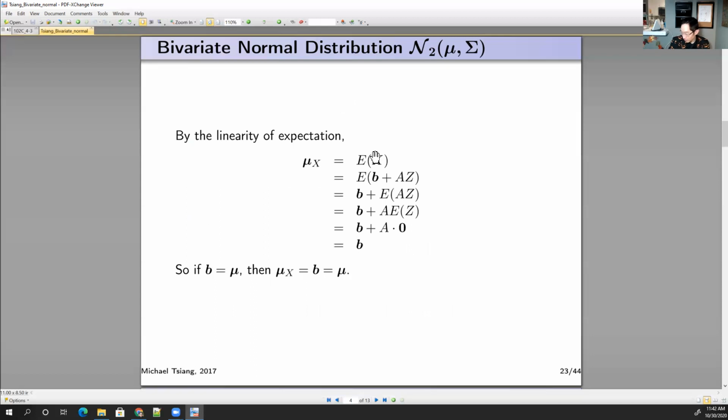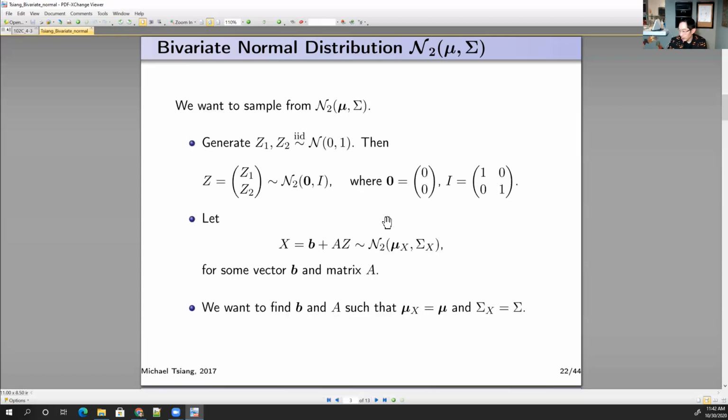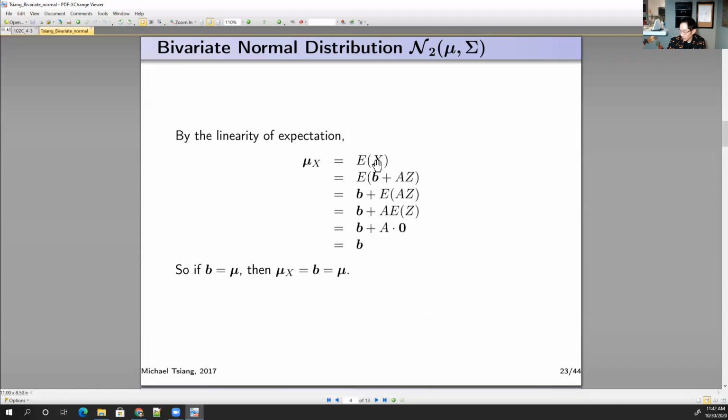All right, so we're going to define x as b plus Az, and we're going to set the expectation of x equal to mu x, the thing that we want. The expectation of x is the expectation of b plus A times z, which equals b plus the expectation of Az.